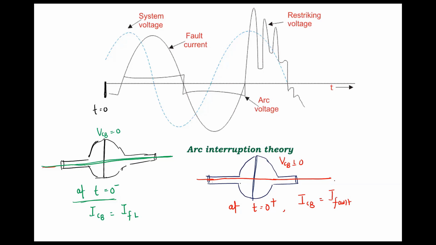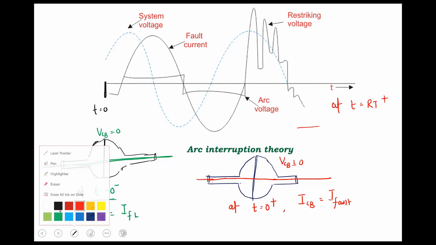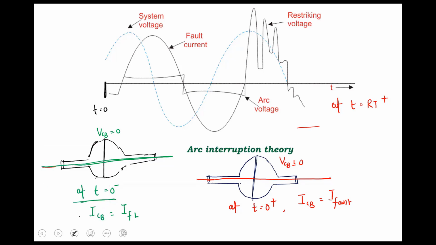So at t equal to relay time plus, that means once the relay time is over, what happens? The fixed and moving contacts start separating. I'm roughly drawing.